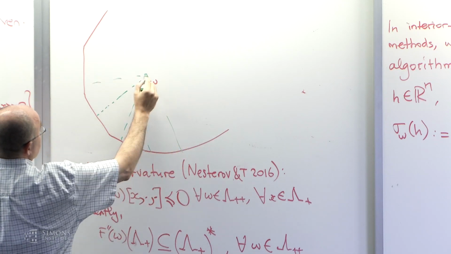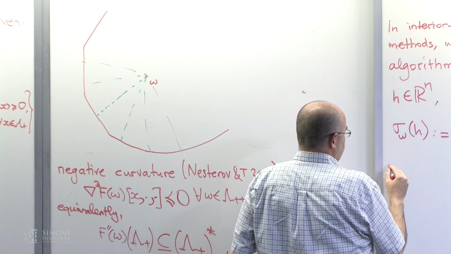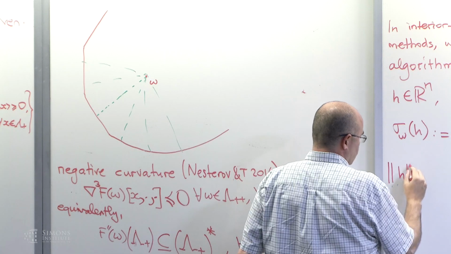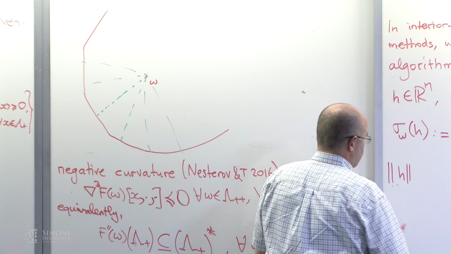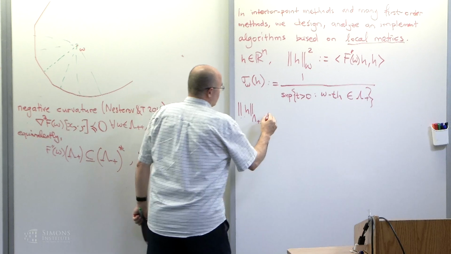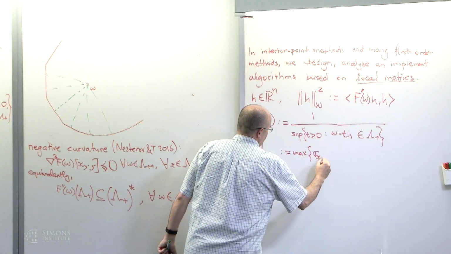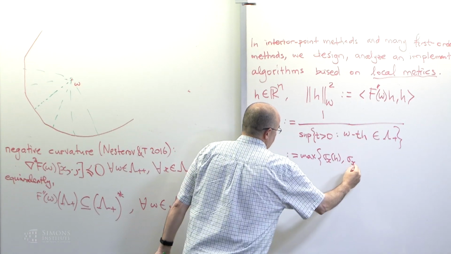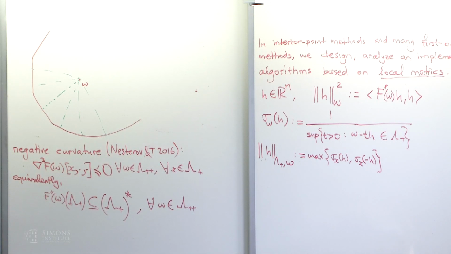I'm doing this, and then from this, I really want to define another norm. I'm going to define a cone norm with respect to the hyperbolicity cone and the point W, as the maximum of this Minkowski function, and also the same function for the other direction. So what does this do?